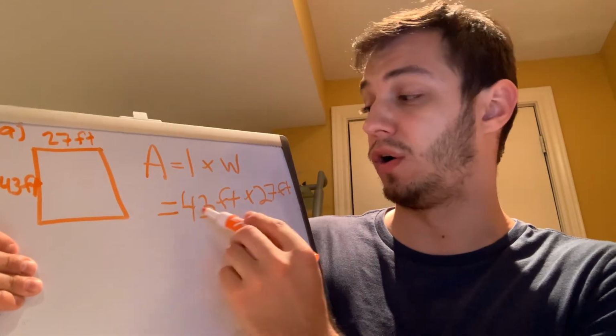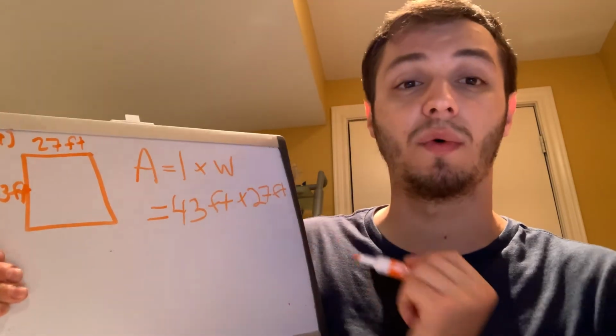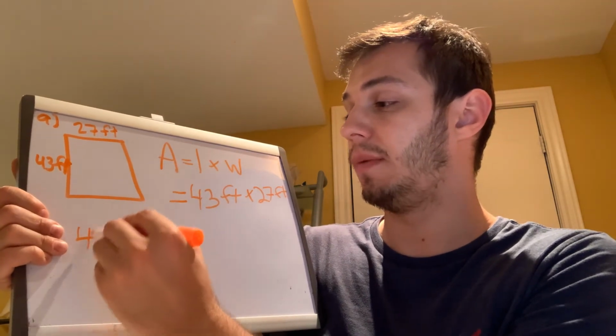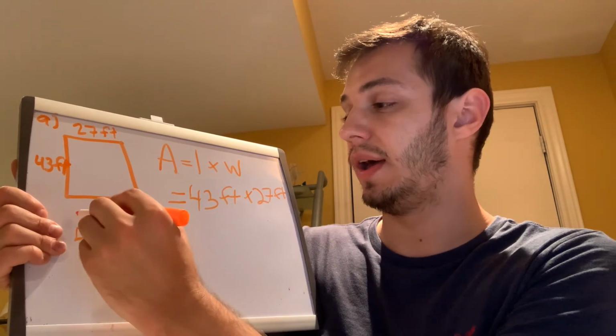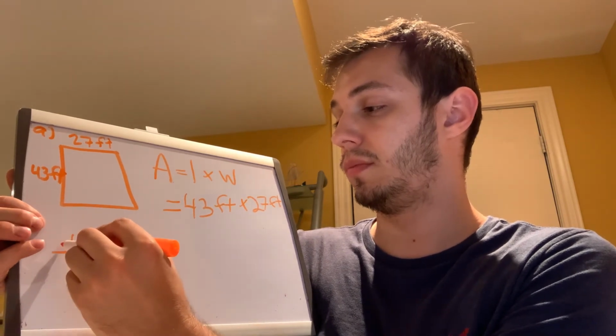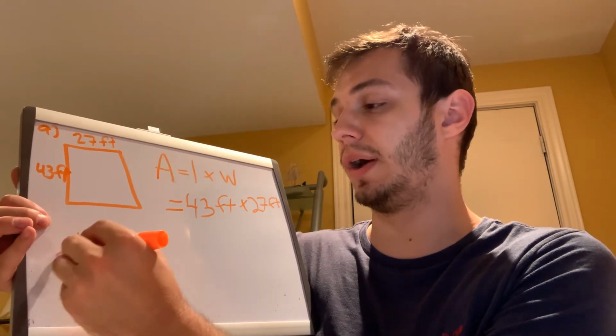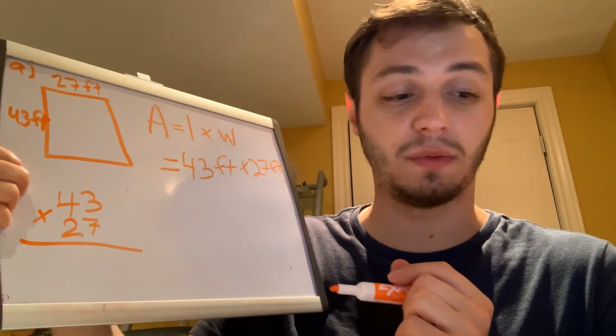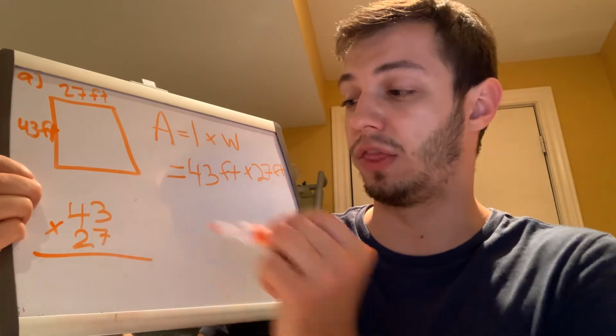I can't solve the way this problem is written, so I'm going to change it into a column problem. So right here, I'm going to write this question as a column problem. And we're going to multiply these two numbers. So my first step is to multiply the 7 and the 3.